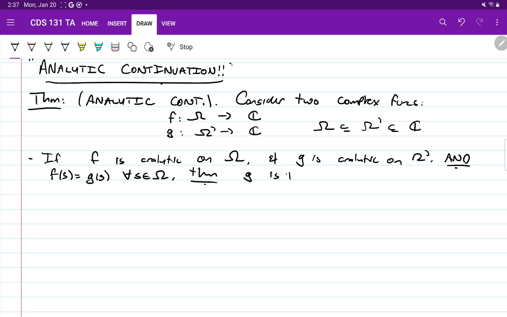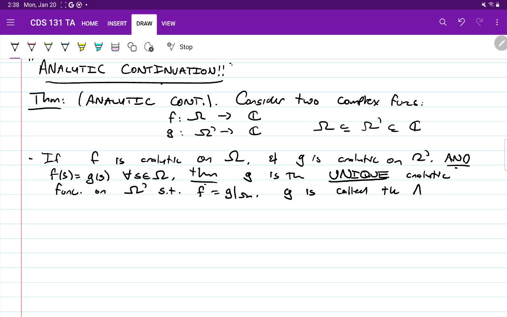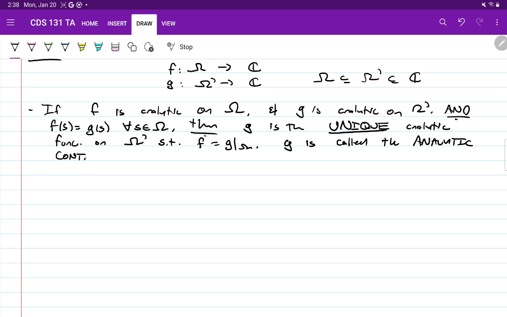Then g is the unique analytic function on the set omega prime such that f is equal to g restricted to omega. So it's the only possible function which agrees with f on omega and is still analytic on this bigger set omega prime. In this case, g is called the analytic continuation, which I'll just abbreviate CONT of f.